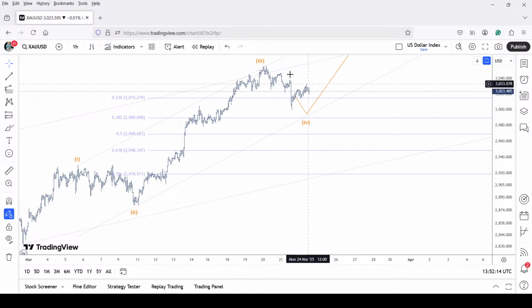It's only a matter of time to see if 3045 could be taken out before. I mean, if that is taken out, then we would be more or less confirmed that a bottom is in place around 3000 levels. So again, 10 points shy of the projected target at 2990.